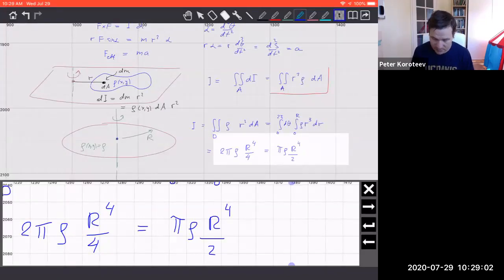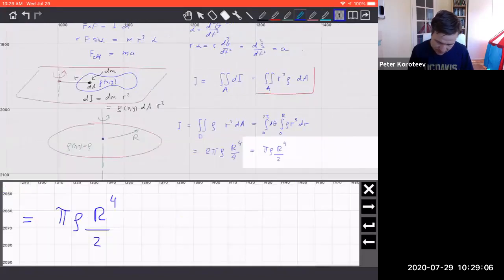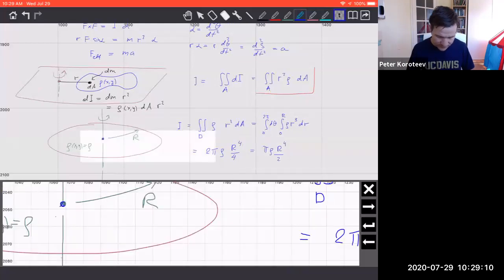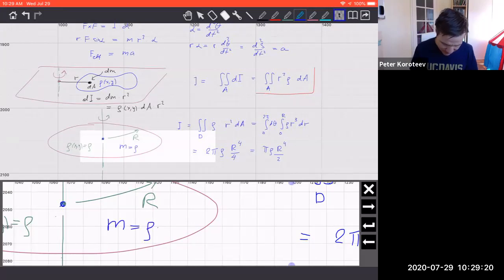That's the answer in terms of the density. But now let's compare it against a point mass m separated at a distance R. So what is the mass of the disk? The mass is equal to the density times the surface area, which is pi R squared.